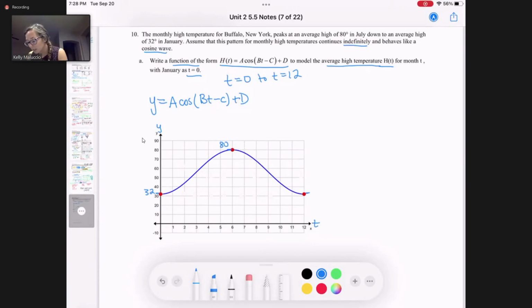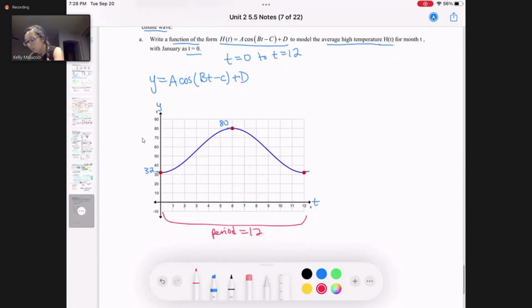But I just wanted to write a few things that we know. So we know that the period is 12. I said that before, but I didn't write it. So we know that the period is 12, right? And we also know that the period equals 2 pi over b, right? But we also know it equals 12. So we can actually calculate b this way, and we'll get the amplitude next.